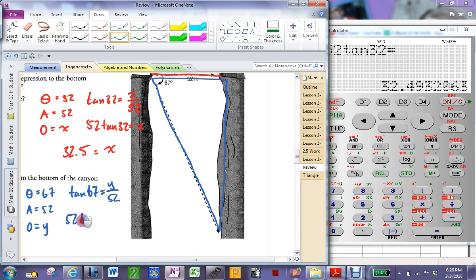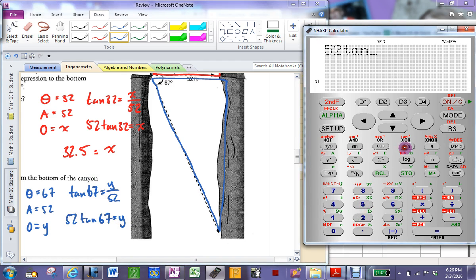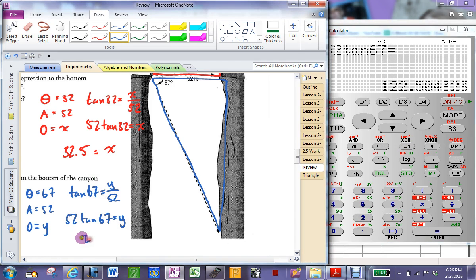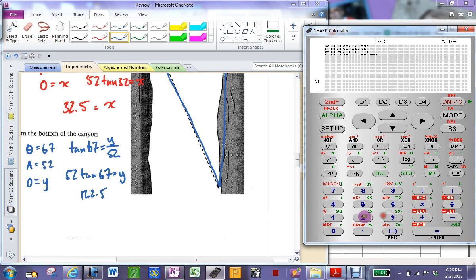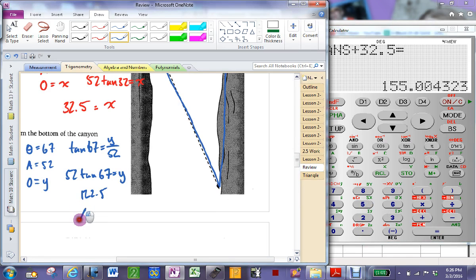So 52 tan 67 equals Y. 52 tan 67 is 122.5, and then I gotta add them, plus 32.5, and I get 155.